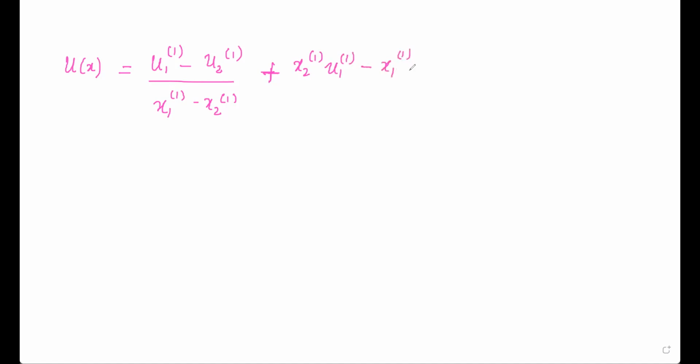So we'll write u as a function of x is equal to (u1 for element 1 minus u2 for element 1) divided by (x1 minus x2), plus (x2 for element 1 u1 minus x1 u2 for element 1) divided by (x1 x2 for element 1), multiplied by this entire term multiplied by x.